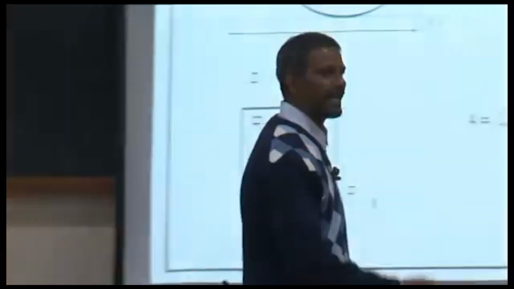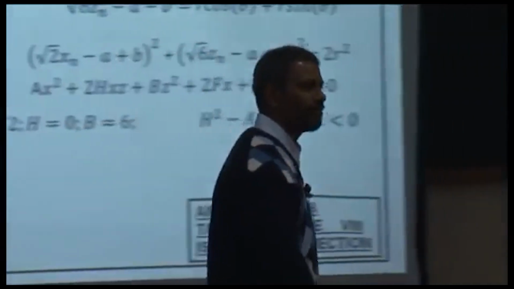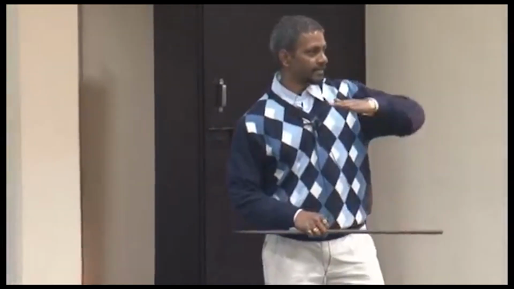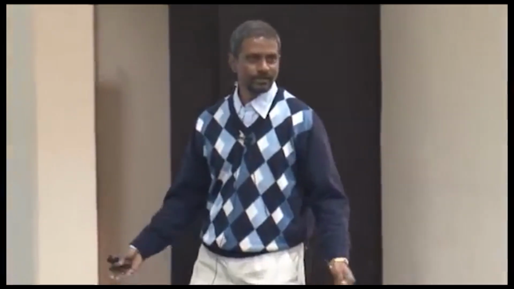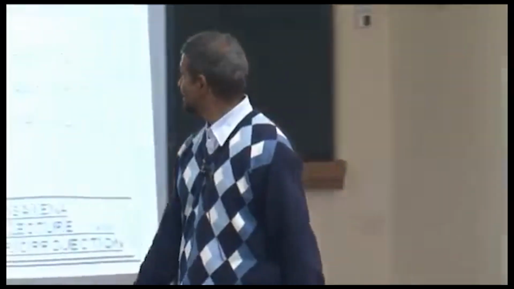Interesting, right? You choose any value of a, any value of b, any value of r, h squared minus AB will always be minus 12 in case the circle is on the bottom plane. So a circle gets converted into an ellipse, right?